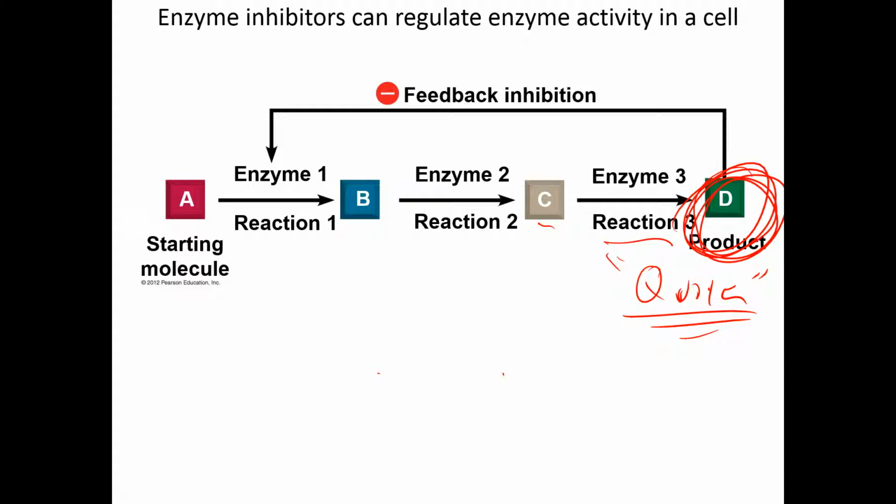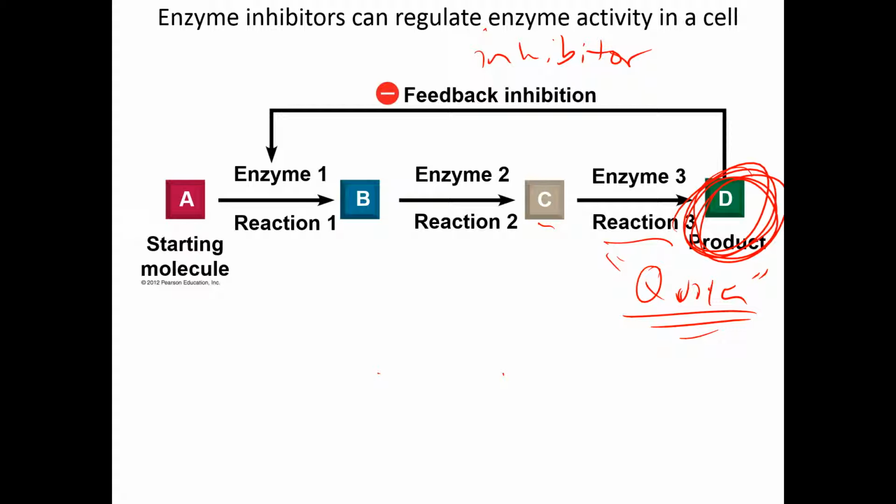So in this case, this product D, which is the ultimate goal of the process, can actually function as an inhibitor, and it can inhibit one of the initial reactions.